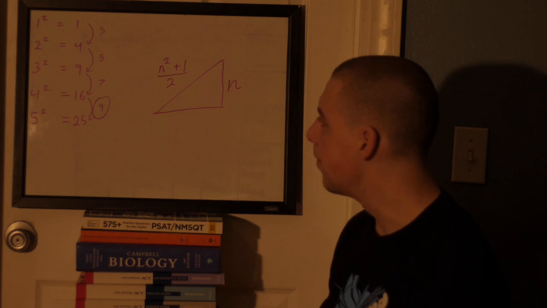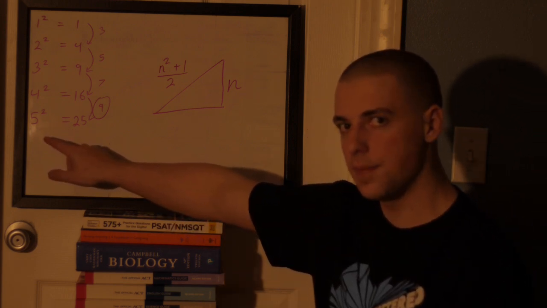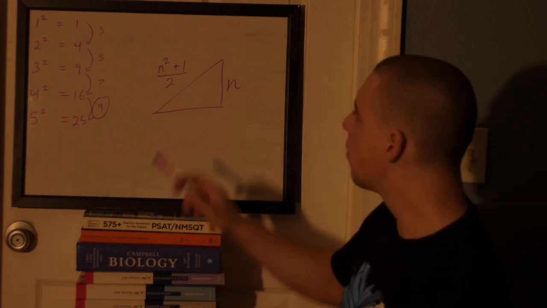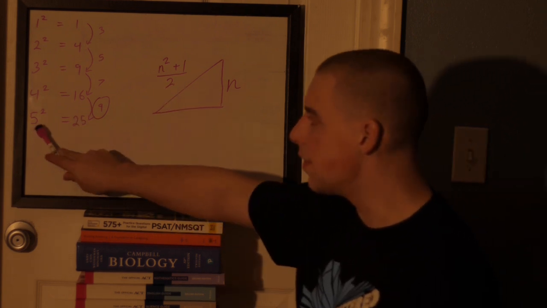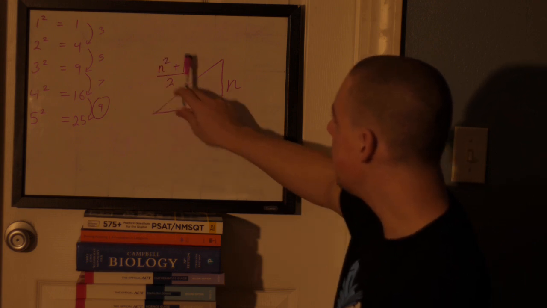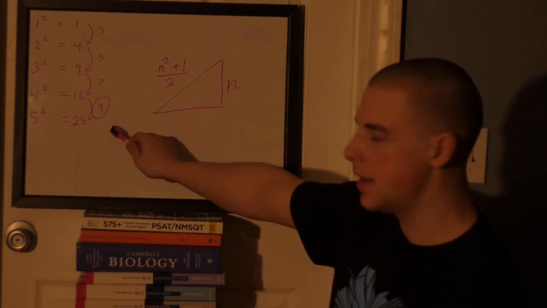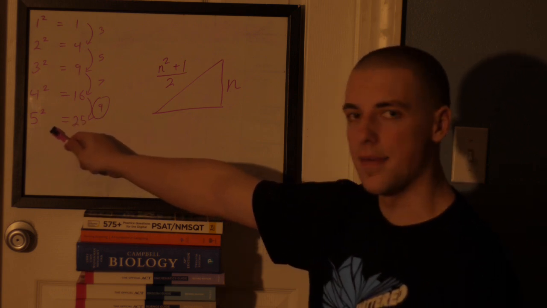And what that gets you is this number down here, the upper end. So once you get this number, what you're finding is this 5. You're saying that this is n squared, 9, plus 1 over 2, 5.